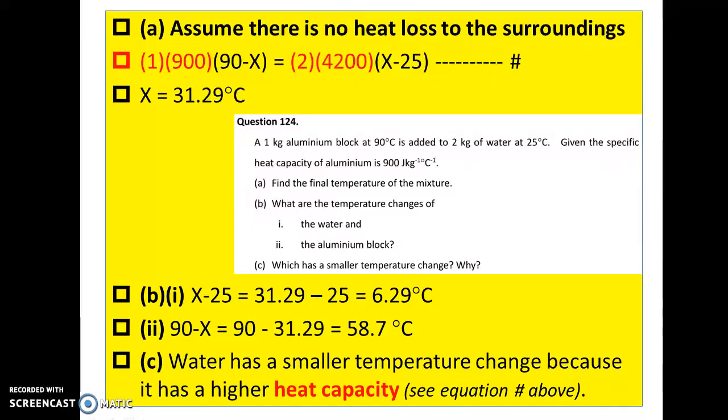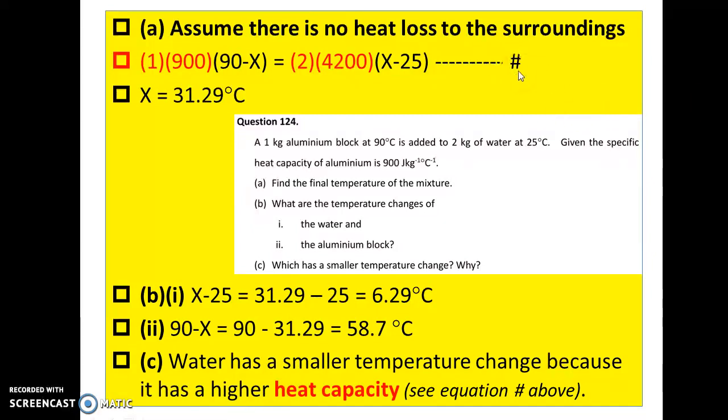Now, if you check their temperature change, you will find that the temperature change of water is only 6.29 degrees Celsius, and the temperature change of the metal block is 58.7 degrees Celsius, so much larger for the aluminum block. So why? The reason is because of the heat capacity.